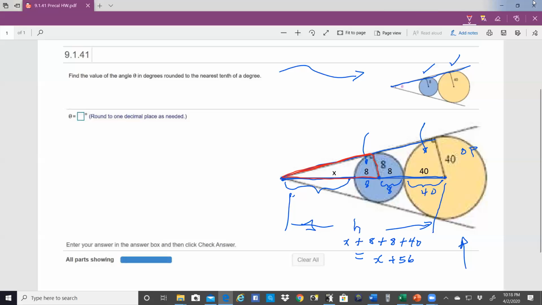And since there are similar triangles, the ratio of 40 to the hypotenuse, which is x plus 56, is equal to 8, which is the opposite side of the smaller triangle, to its hypotenuse, which is x plus 8.